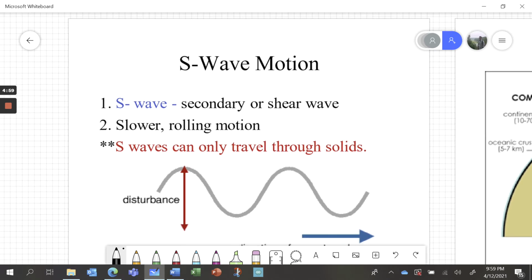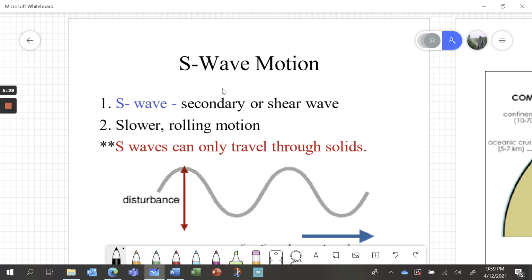An S wave, or secondary, comes after the primary wave. These are slower moving, so you will feel them after the pressure wave goes through. And instead of feeling like a thud, it feels more like the earth is rolling or oscillating, kind of moving back and forth.